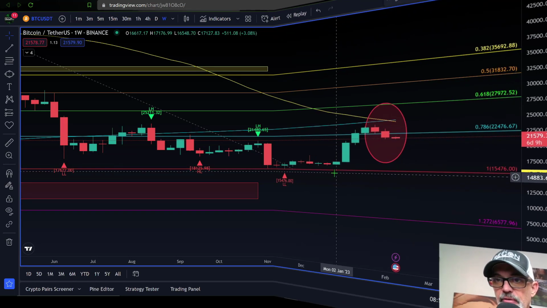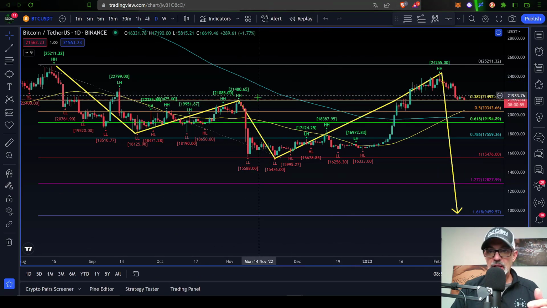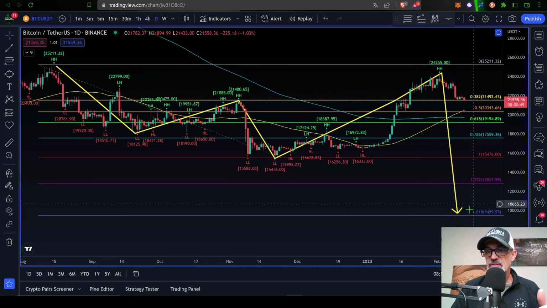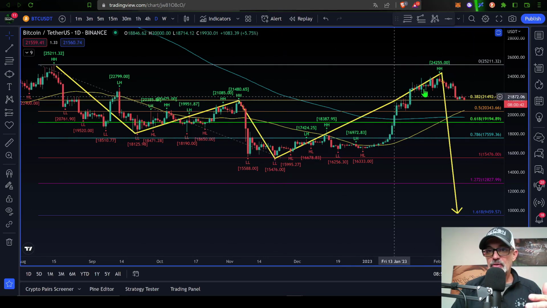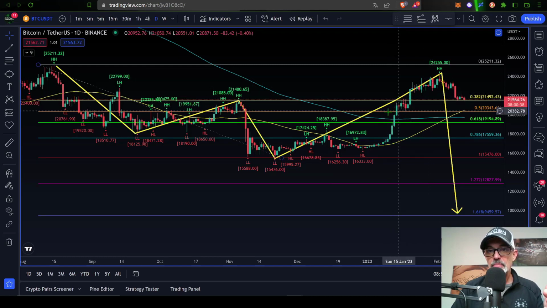Now over here on the daily candles, you can see I have a few things drawn in here, and one of them is this big yellow line you see running through the chart that eventually dumps down. That was a possible bull trap I drew out back in this area when Bitcoin was pumping, so that was probably 2 or 3 weeks ago, and I've left it on the chart ever since.